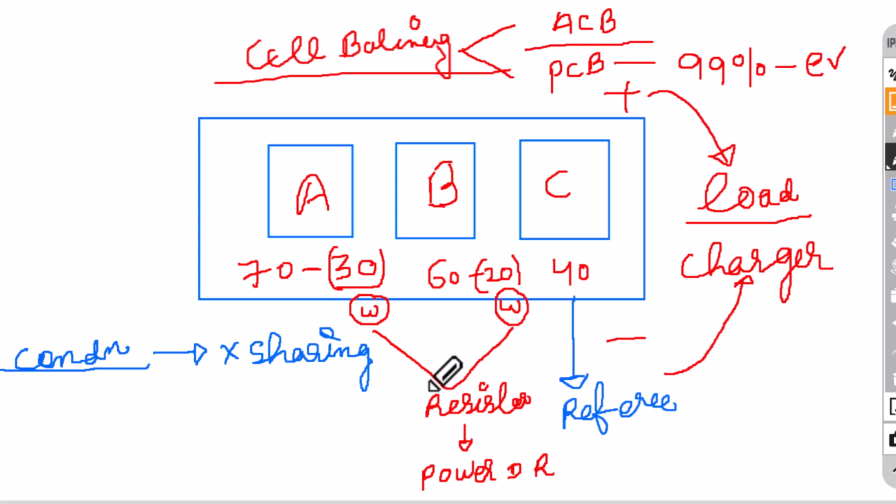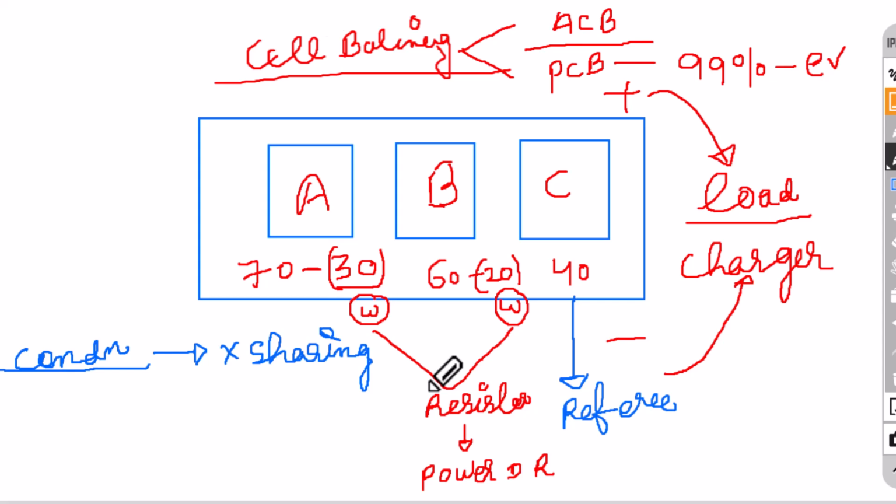So first understand the logic and then implement. The logic is simple. We have to take three cells with different SOC, and then connect the power dissipating resistor. This is the task for today's session, today's video. So let's do that.